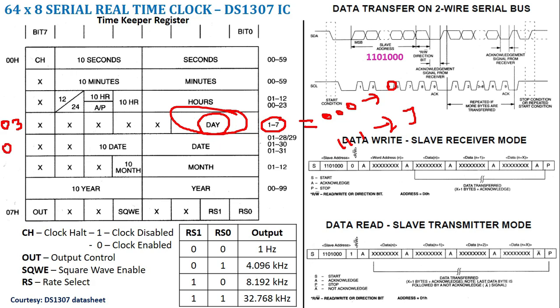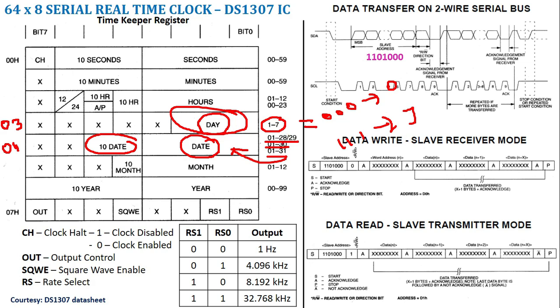Same way, in the 04 location we have the date information. Date can again be 1 to 28 or 29, or 1 to 30, or 1 to 31. For that, the lower number is represented in these lower 4 bits, and the upper number will be represented by these 2 bits.